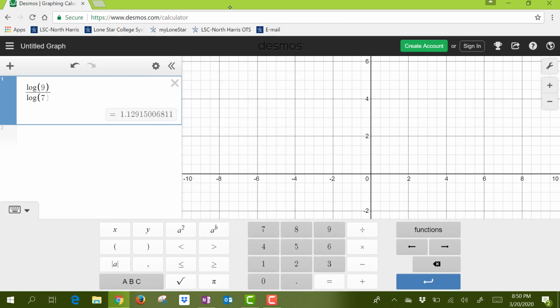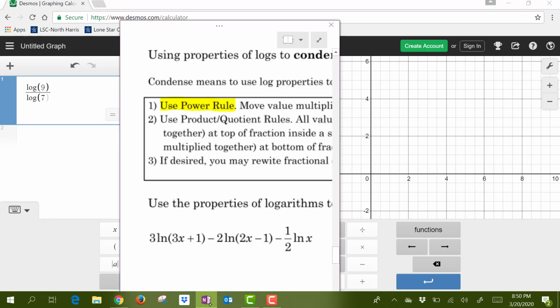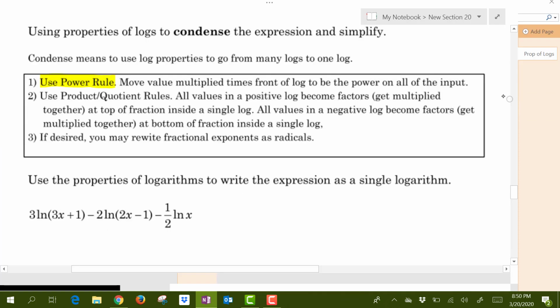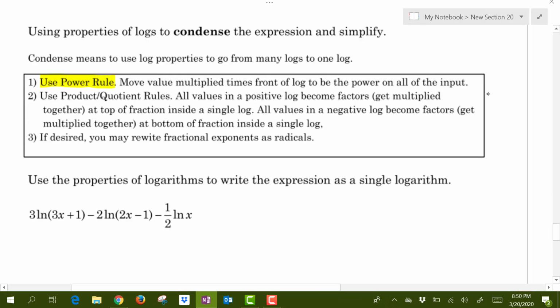So I notice that I have a 3 out front of that log. I have a 2 out front of that log, and I have a 1/2 out front of that third log. So any value that's multiplied times the front of the log is going to be put back on as the power on all of the input of that log.